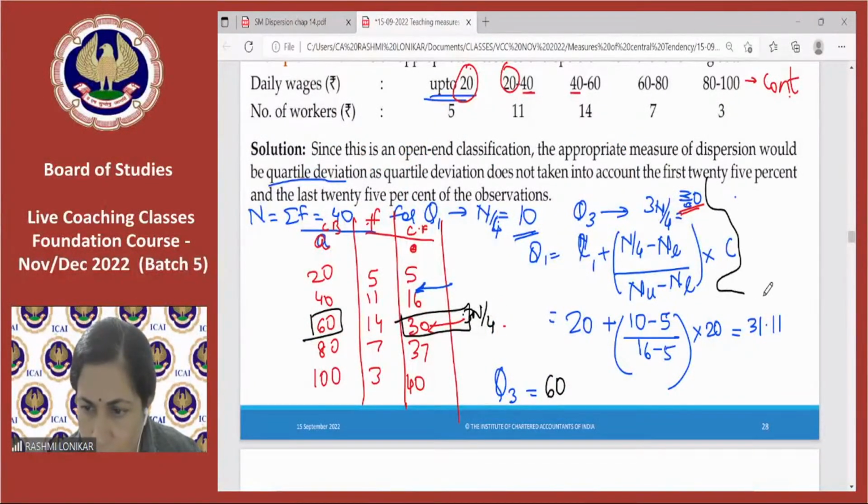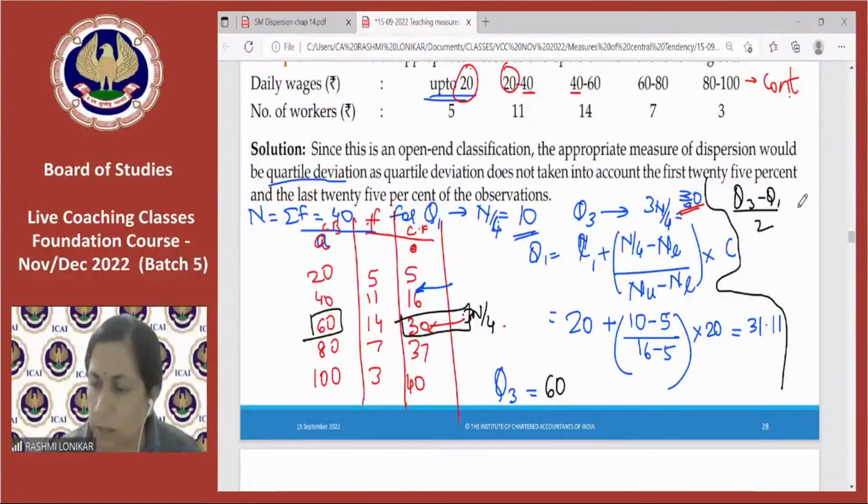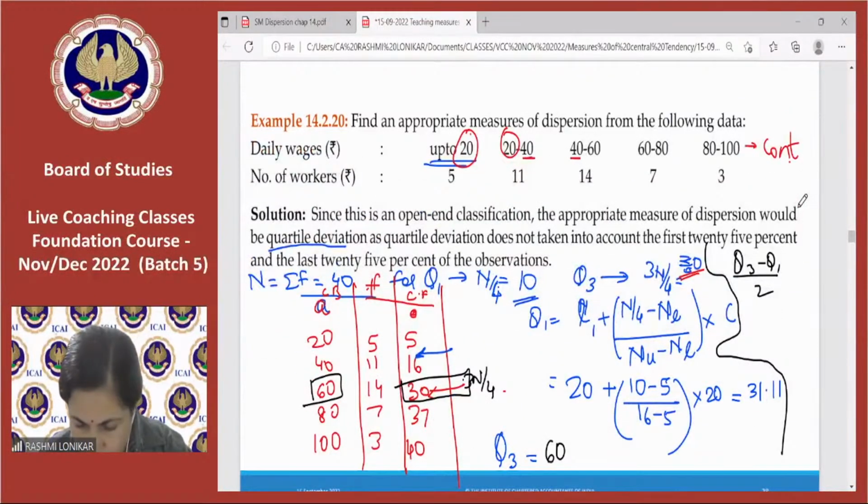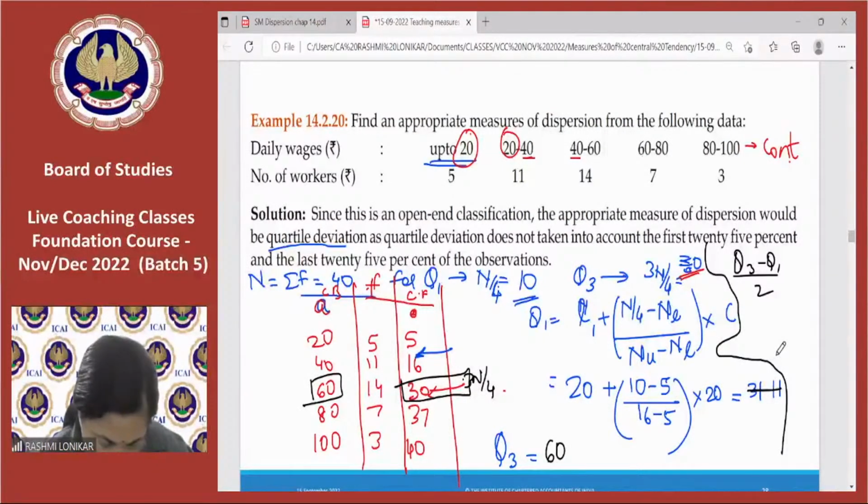So what do I have now? I have to find Q3 minus Q1 upon 2 and find the answer. 16 minus 5 is 11, sorry, not 9.